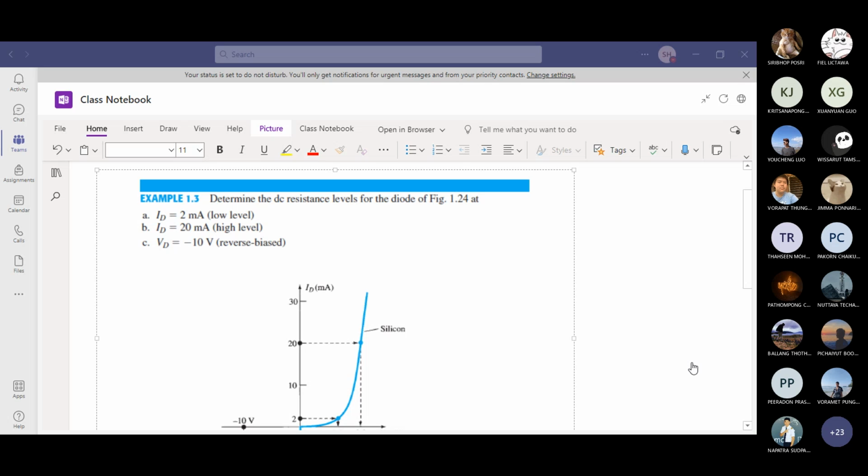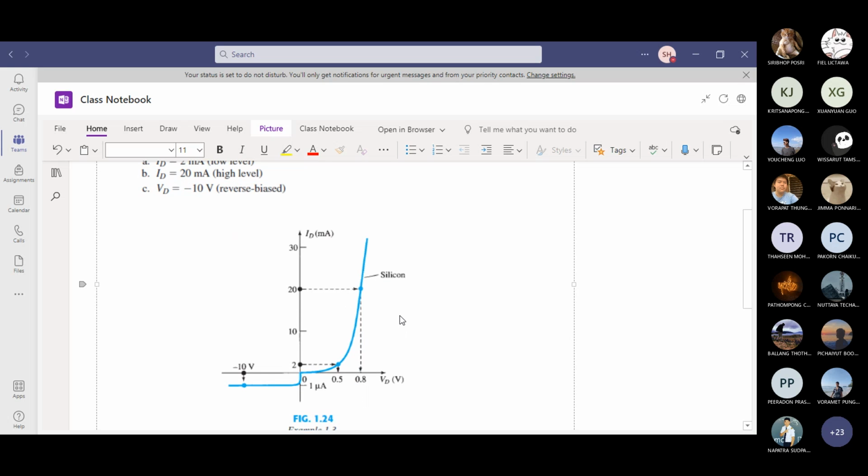Thirawut, is it Thirawut or Thirawat? Thirawut. Since Balang is not responding, Thirawut is going to go to part number 1.